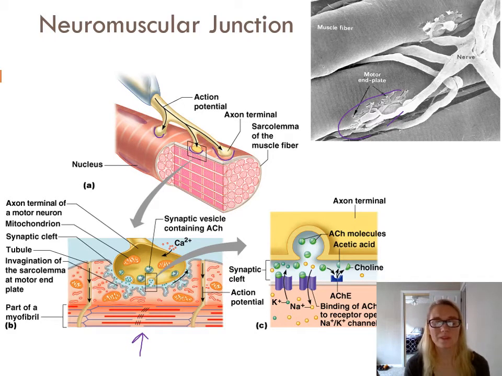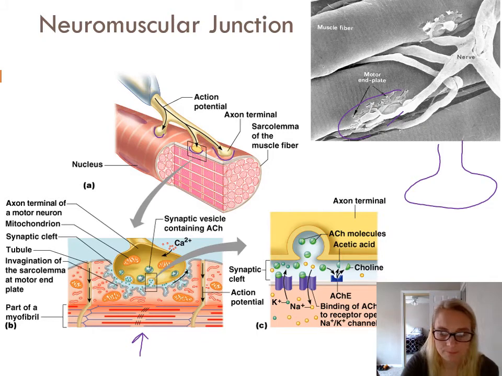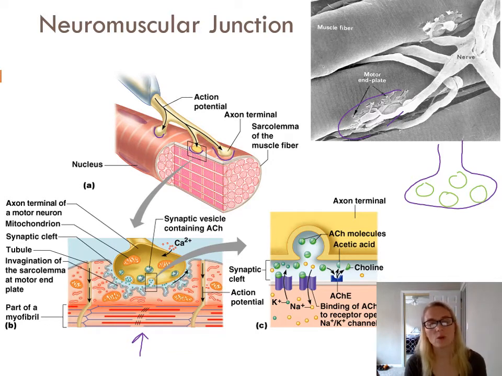Let me draw over here so we can take it step by step. Within that very terminal end of the motor neuron, we have these little packages called vesicles, filled with neurotransmitter. It looks like they're green circles, so pretend these are circles.